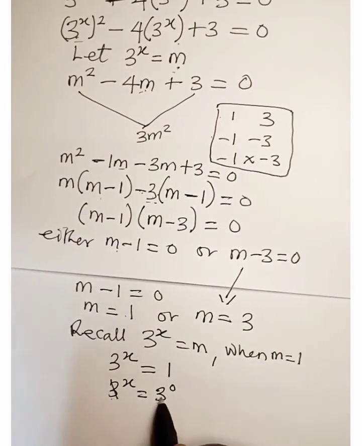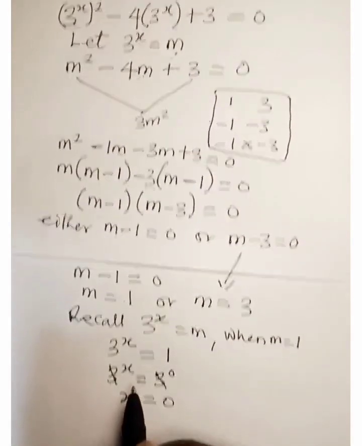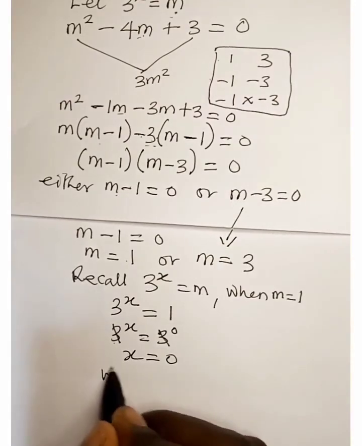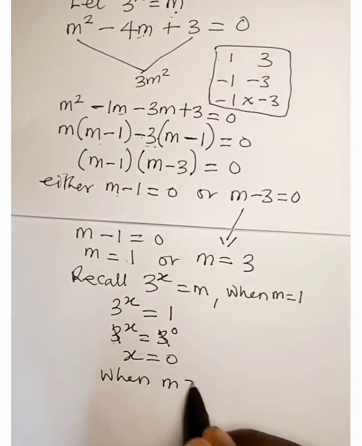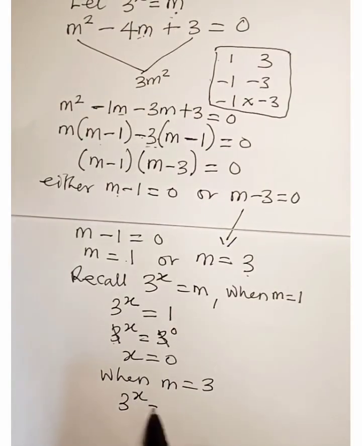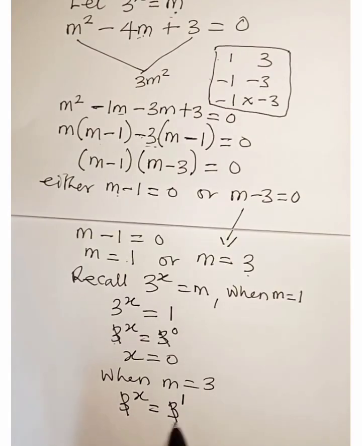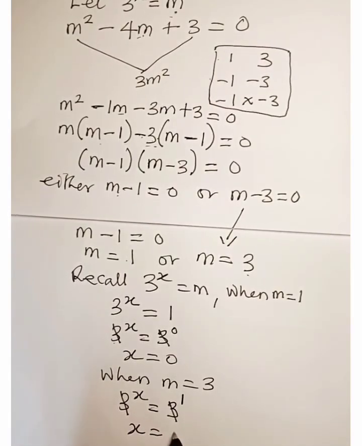Therefore, the bases cancel, and x is equal to 0. Then again, when m is equal to 3, we're going to have 3 raised to power x equal to 3, and 3 here is raised to power 1. So we can cancel the base, and x is equal to 1.